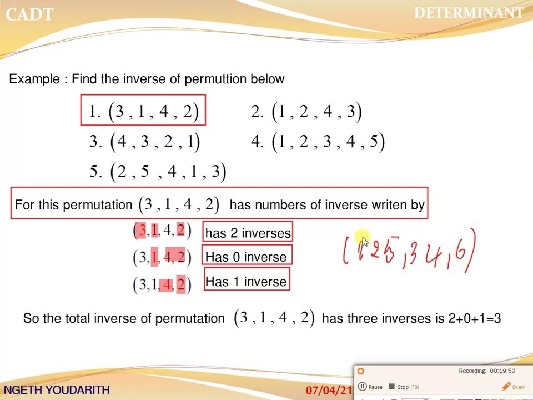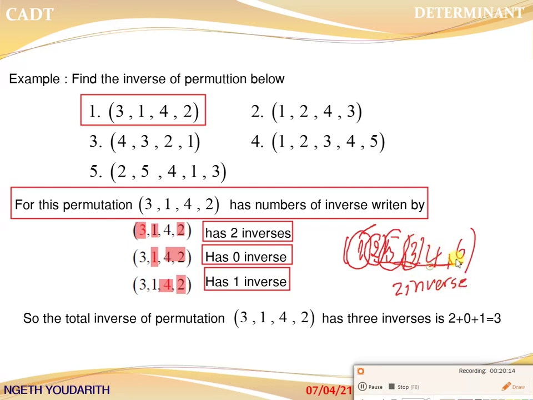If I take number 1, does the right hand side have anything smaller than 1? No. Number 2, no. If I have number 5, it has 1 and 2, so 2 inversions.